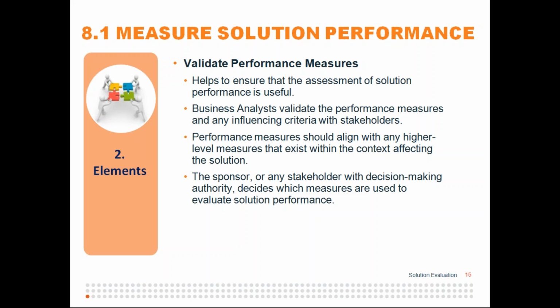The sponsor or any stakeholder with decision-making authority decides which measures are used to evaluate solution performance. So that would be our key acceptance criteria, and we need to balance what is realistic with any constraints. That's when we make our cost versus benefit decisions, and we want to make sure we include our sponsors and the key decision makers in that.